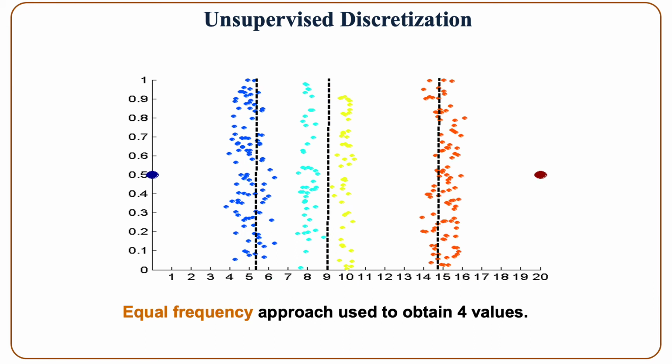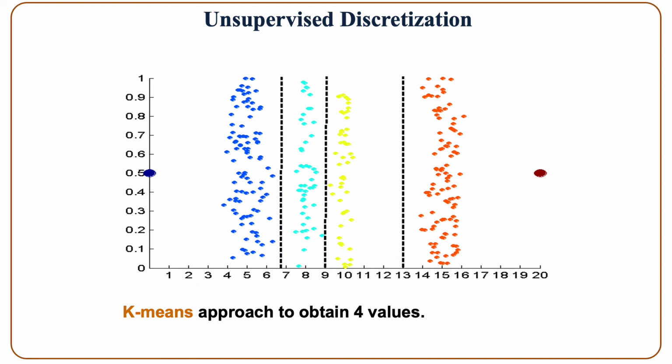Another approach is to use the equal frequency approach, so that we can still map the points to the four groups, and we can see the frequency in this group and in the other groups are all equal.